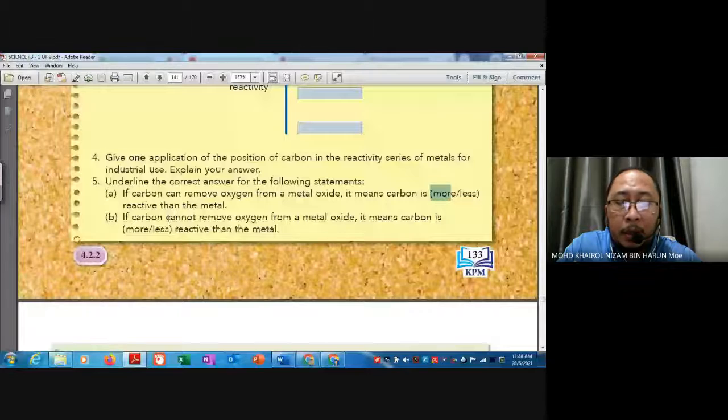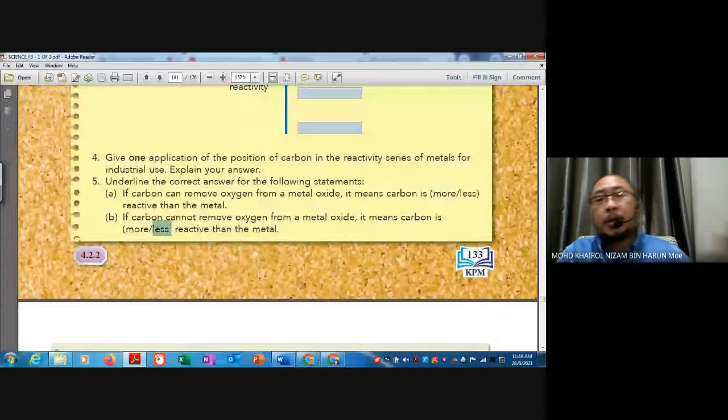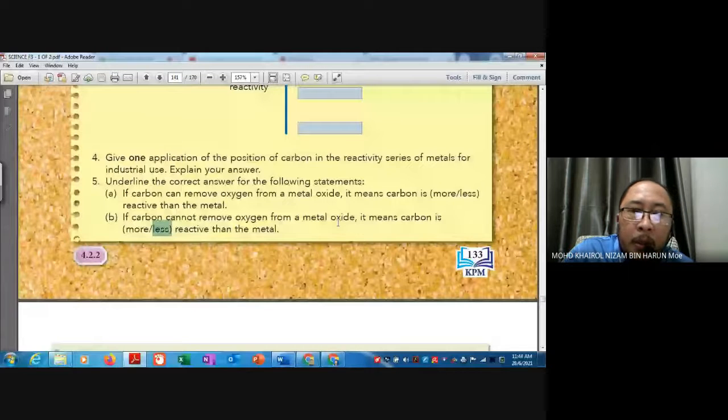B, if carbon cannot take the oxygen from the compound, it means that carbon is less reactive than the metal. Based on this reaction, we can arrange the position of carbon among the metals we conducted.